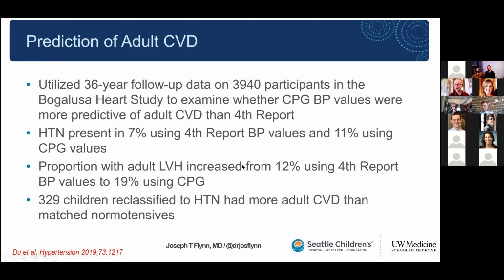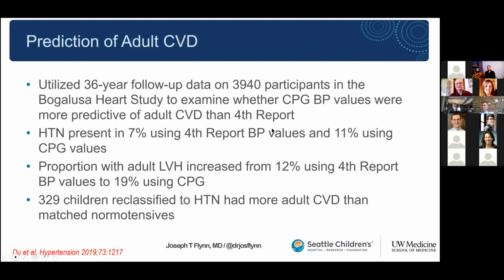And if you then looked at the adult outcome, more had LVH as adults if you had used the new normative data to classify those people. About 10% were reclassified as hypertensive, and they had more adult cardiovascular disease compared to matched normotensive participants.